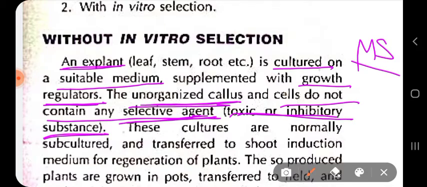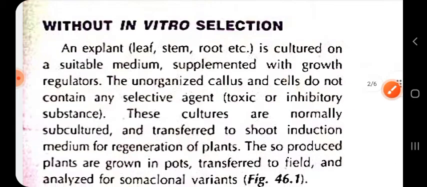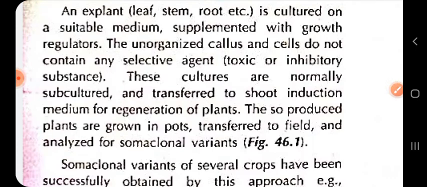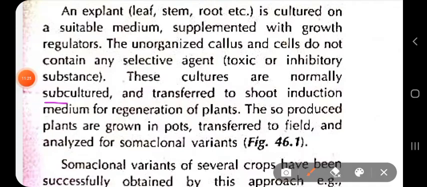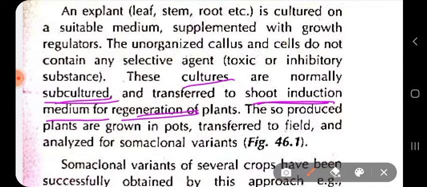Naturally. Now next it is saying that these cultures are normally subcultured and transferred to a shoot induction medium for the regeneration of the plant. So here no selection medium is used.